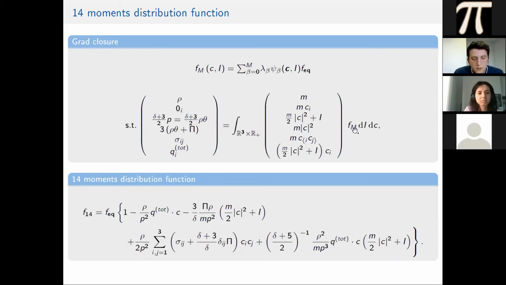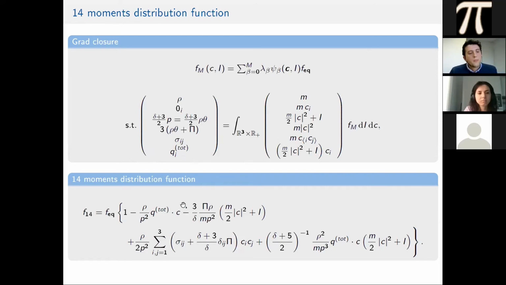We require of the distribution function that m times the distribution function should give us the density, and if you choose m times the relative velocity, then it should give 0, and then this will give the pressure. This gives a combination of the pressure and dynamical pressure. This will give the heat flux and so on.